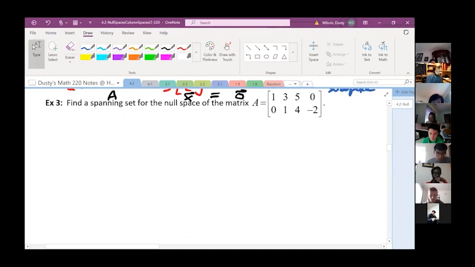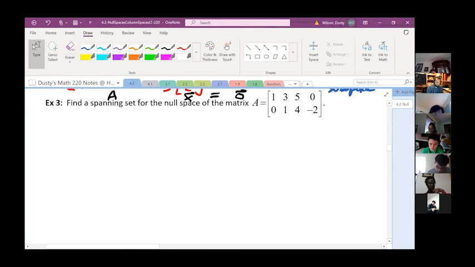In example 3, we're asked to find a spanning set for the null space of matrix A. I'm not sure if you remember what a spanning set is. A spanning set is a set of vectors where we can span them and get the whole space.